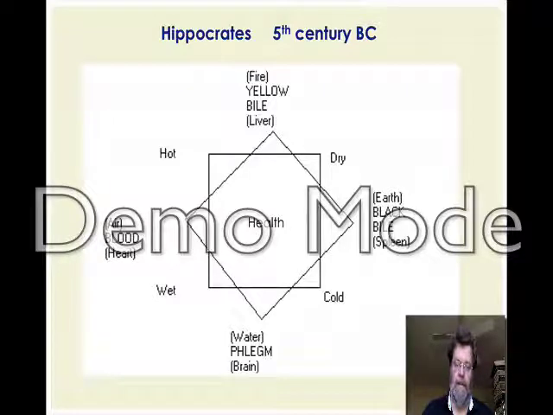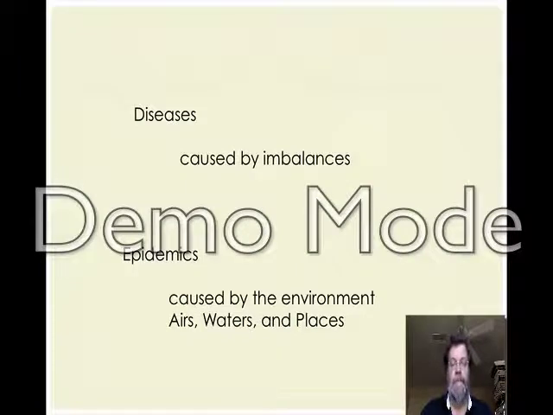Now, if you then think in the Hippocratic system about epidemics, so not an individual disease that is caused by an imbalance, but an epidemic that might affect a huge number of people, which of course Hippocrates and his contemporaries did experience, then the explanation here was that epidemics are caused by the environment, basically by an imbalance of airs, waters, and places of those features like hot, cold, wet, and dry.